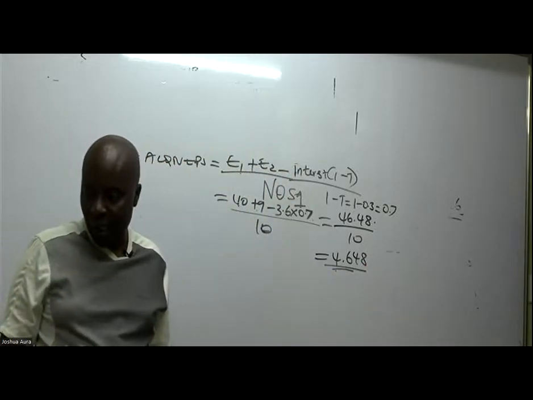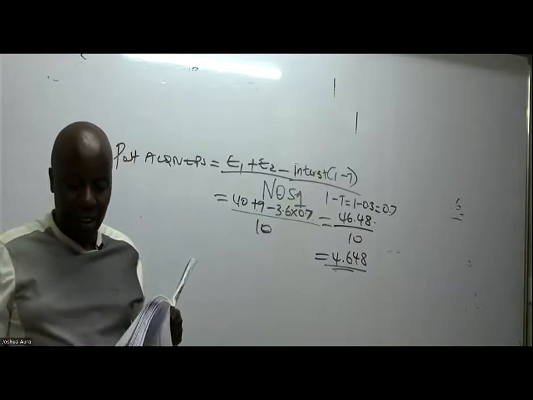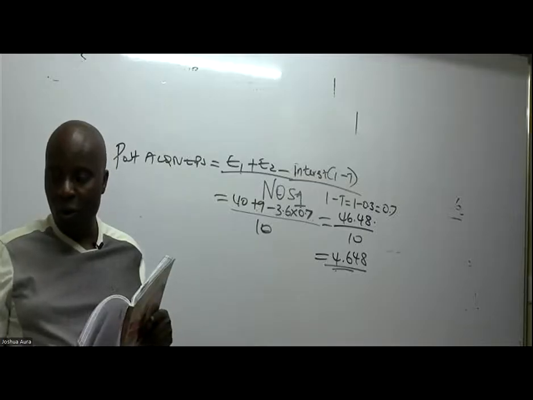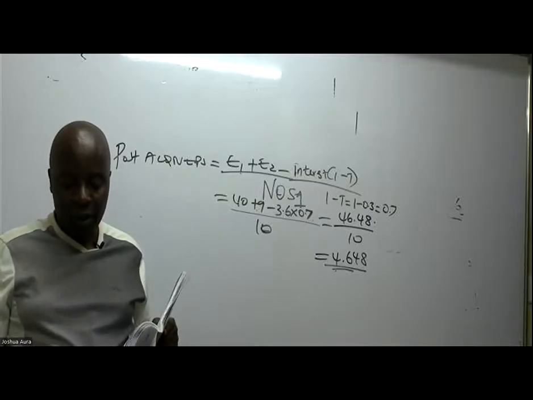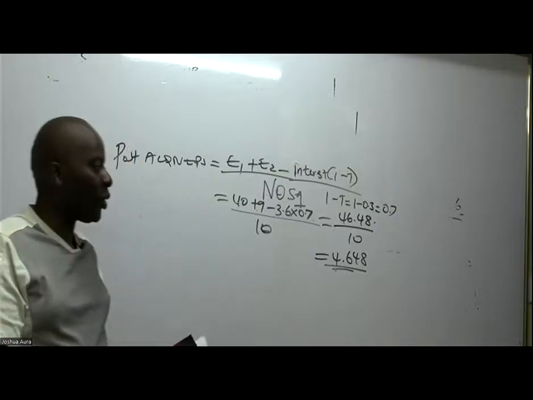Lucy, I'm not able to understand your question. Interest is not 30%. 30% is the tax. If I want to get interest, it has been given there in note 4, question 4, where they have given us the interest is 12% of the total debt. We've been able to calculate total debt here.